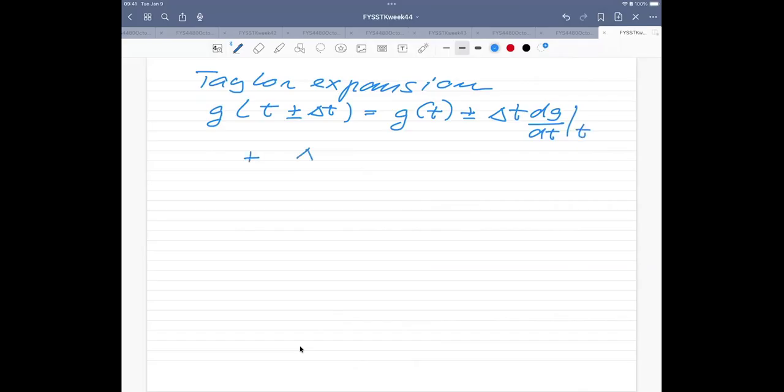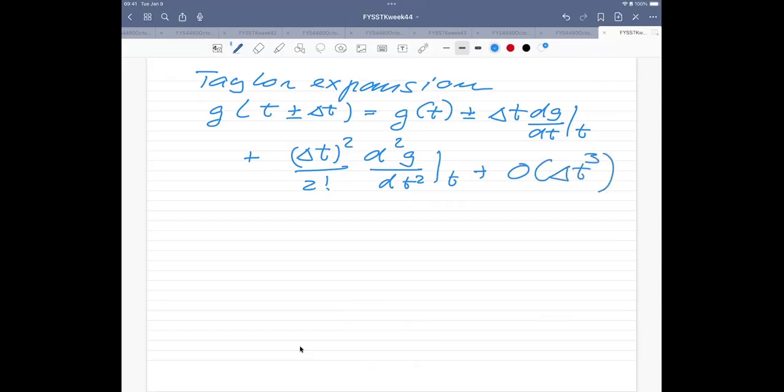We have the higher order derivatives, the second order derivative divided by 2 factorial, and d squared g, the second derivative at t, plus higher order terms with obviously high order derivatives. The other thing which we typically do is we discretize time and we discretize the variable g.